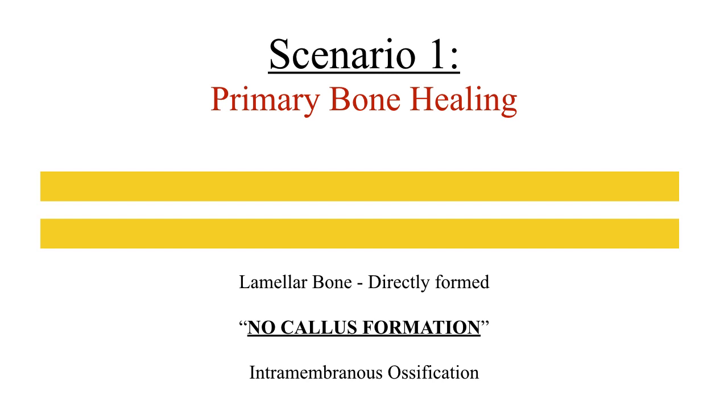So whenever there is no movement in the fracture site, the fracture heals by direct deposition of lamellar bone, and that is why it is called primary bone healing. It means primarily the lamellar bone forms and heals the fracture gap. The important point to be noted here is there is no callus formation.